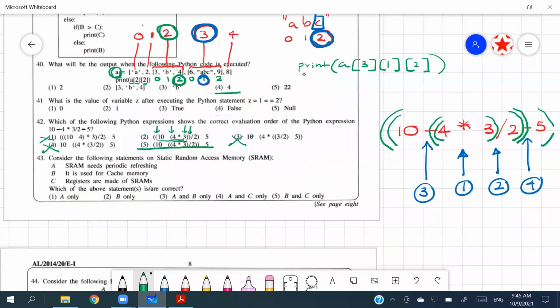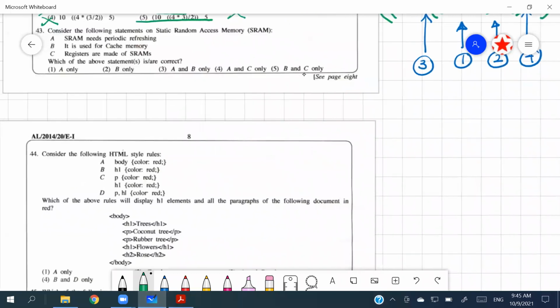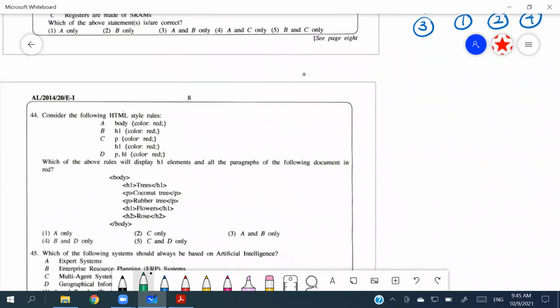Right. So then the 44th. Okay. CSS. Consider the following HTML style rules. Which of the above rules will display H1 elements and all the paragraphs of the following document in red, right? In red.